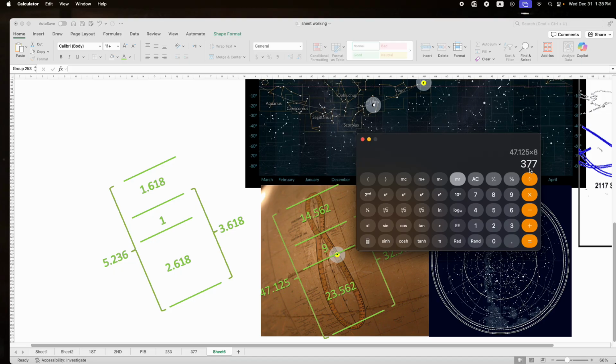That's the number just past 233, right? That's your next Fibonacci number. So 233 is your 13th, 377 is your 14th. If we divide this by phi again, 144 is our 12th Fibonacci number.